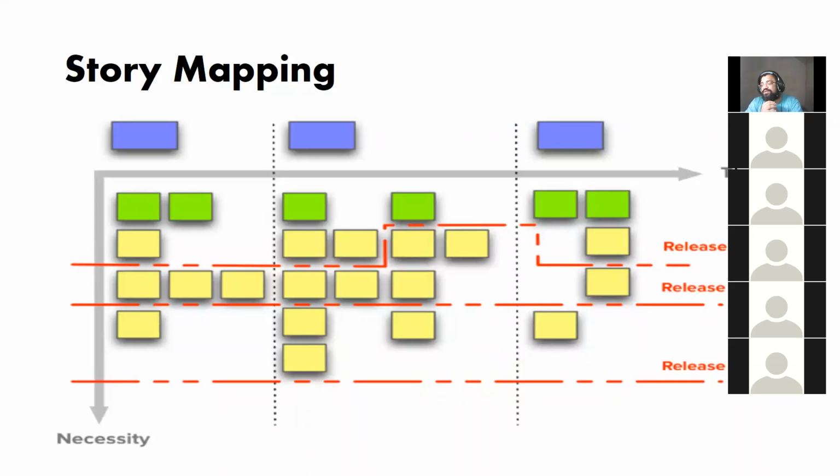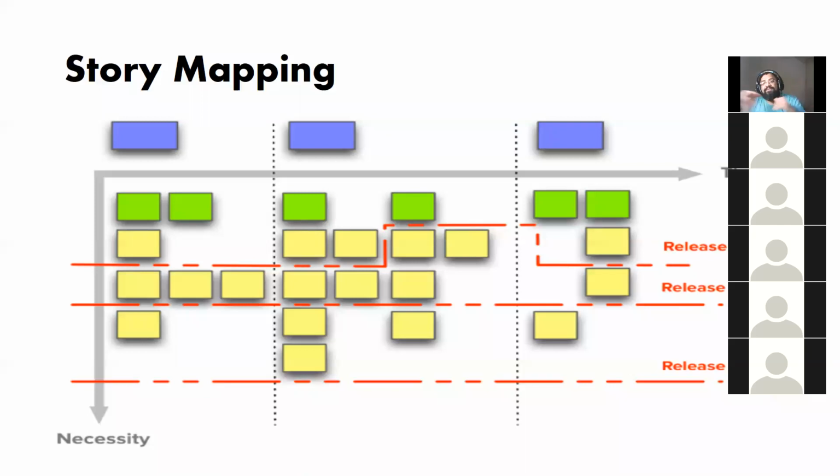Story mapping is one of the best ways to prioritize. In this model, all you do is identify what are all the major functionalities, what are the stories, and who are all the personas. For this persona to do this particular activity, what does that person need to do? That's what the story map is about.